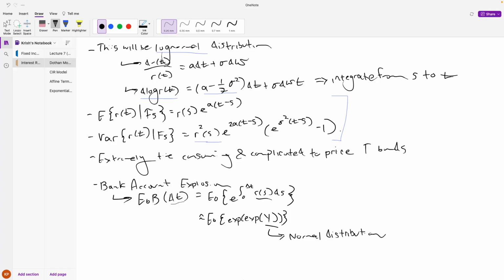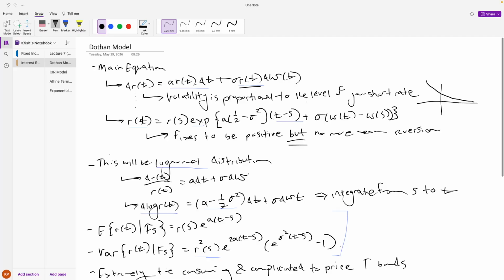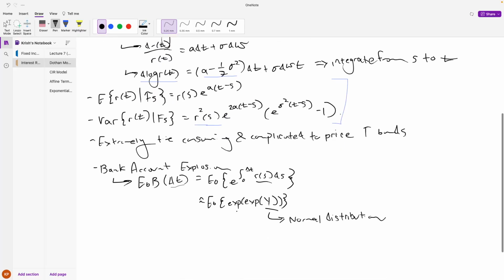Right? So R of S is your e to the y, where y was your normal distribution property here. Okay. And so when you're doing e to the e, this will cause issues, right?